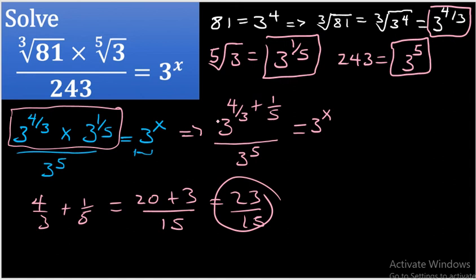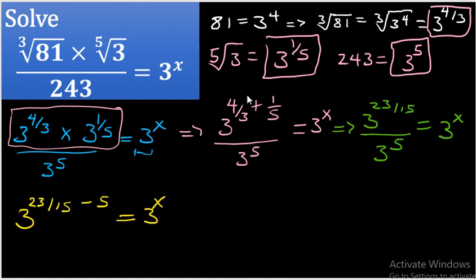So when you add 4 over 3 plus 1 over 5, we already got 23 over 15, the whole over 3 to the power of 5 written as it is, equal to 3 to the power of x.